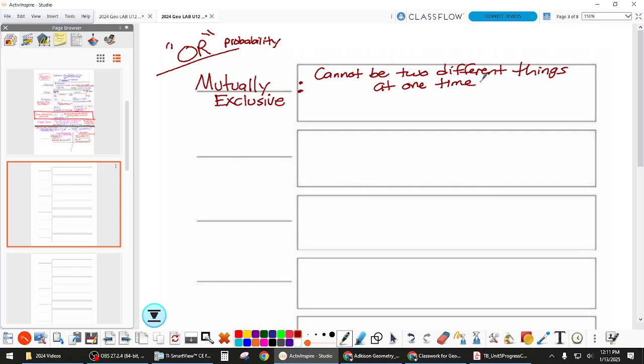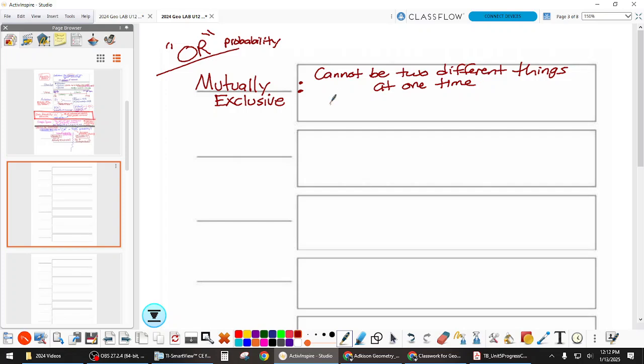Can you, on a die, roll a 2 and a 5 at the same time? So are those mutually exclusive? Rolling a 2 and rolling a 5, are those mutually exclusive? Yes. Mutually exclusive means they cannot be the two things at once. Okay?